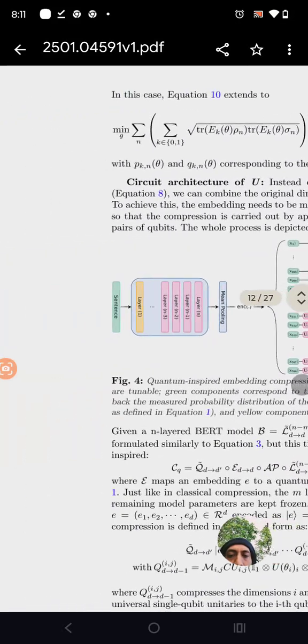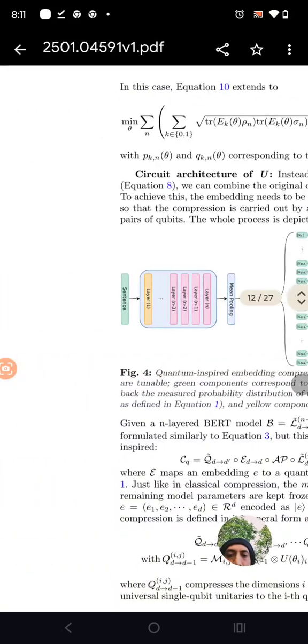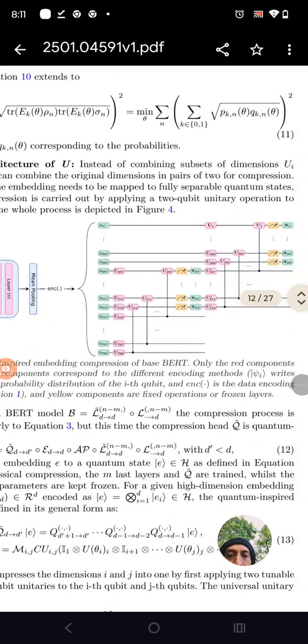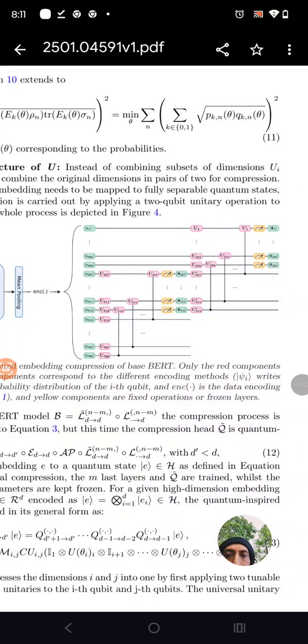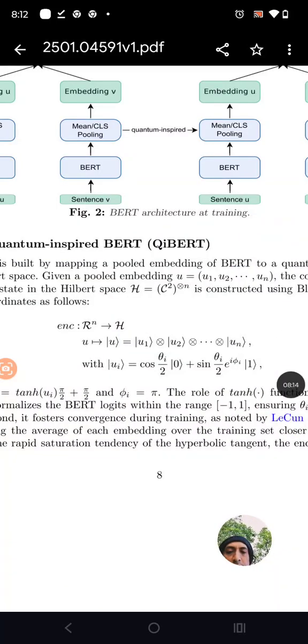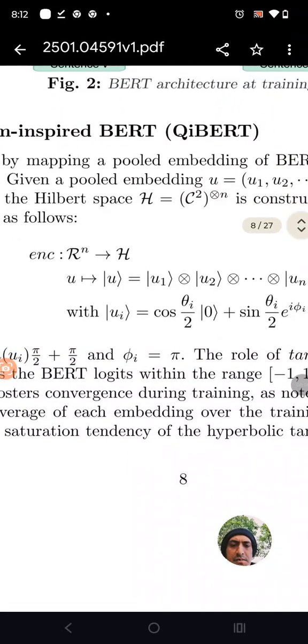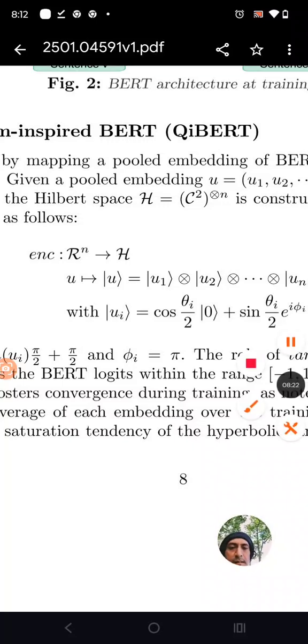Psi i writes back the measured probability distribution of the ith qubit, and Enc is a data encoding. This is the equation where Enc is once again defined, a mapping from R to the power n to Hilbert space.